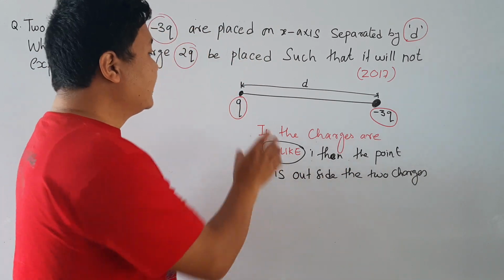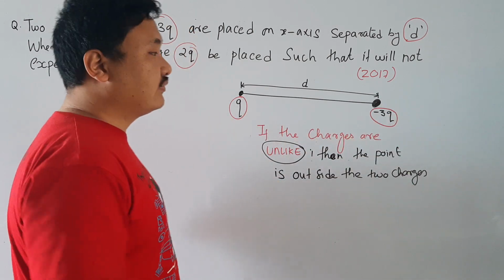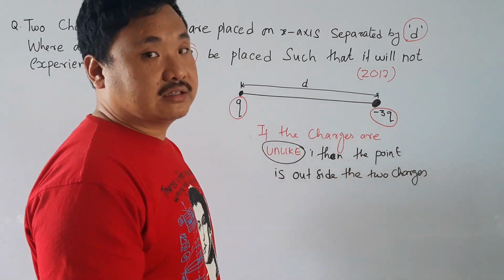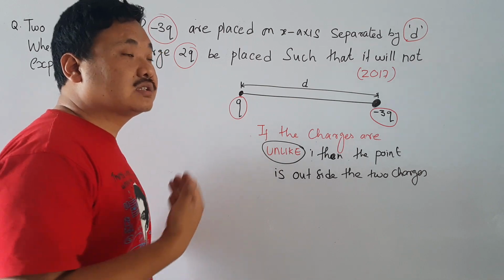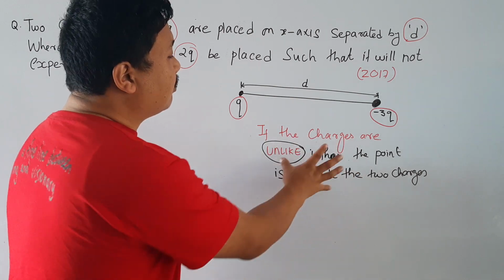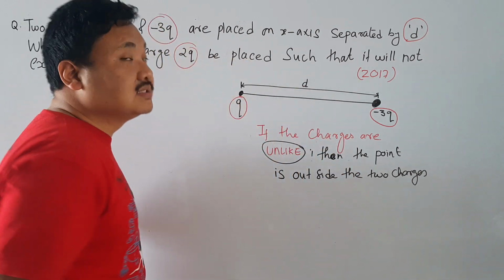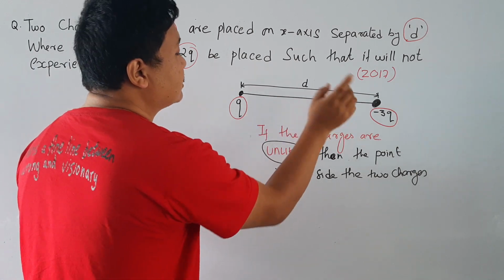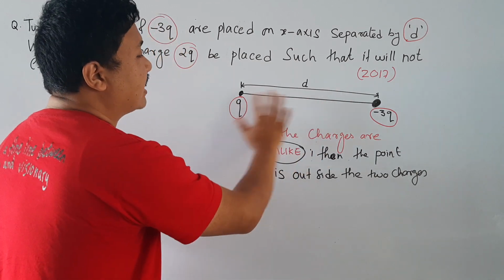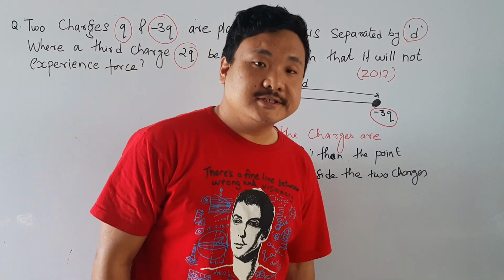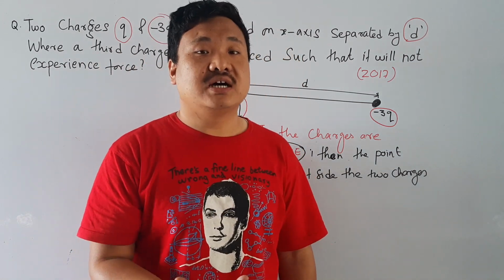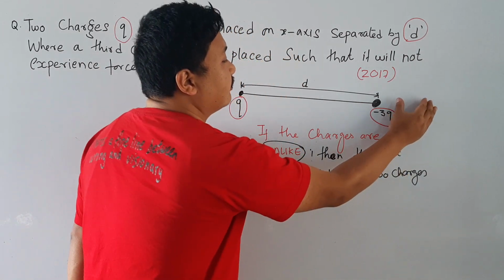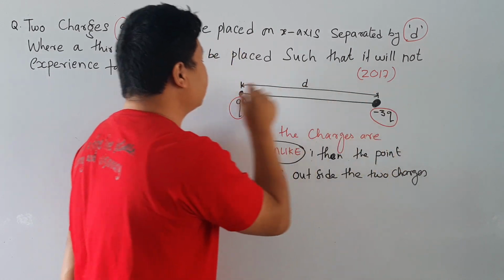It means that if they are unlike charges, if one is positive and one is negative, then the point where the force is 0 is not between these two charges, it is outside the two charges. But which side, this side or this side?